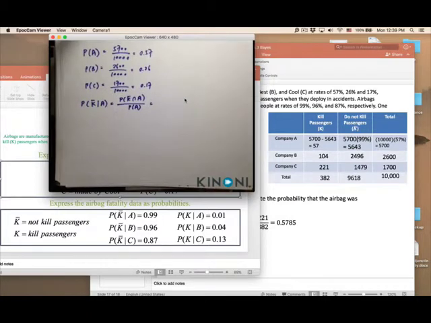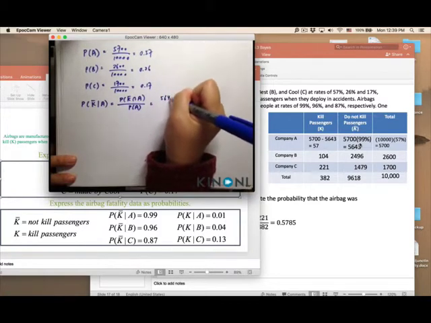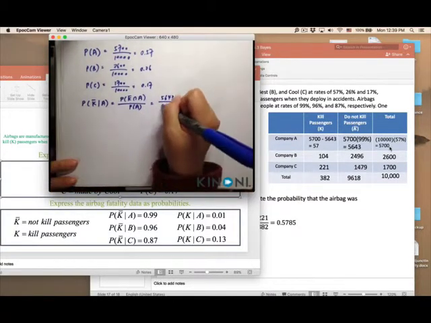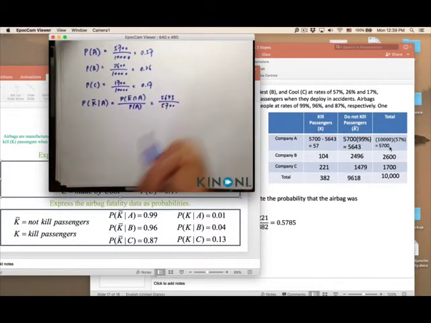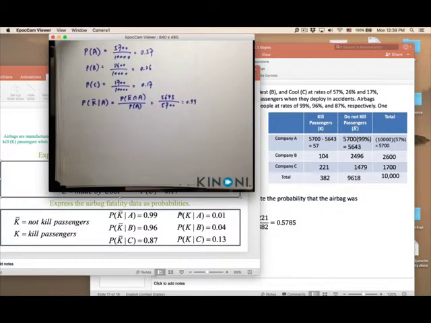So do not kill passenger and made by company A, that will be 5,643 here over the probability of A, so that will be 5,700. You're gonna get 0.99, right? 0.99.